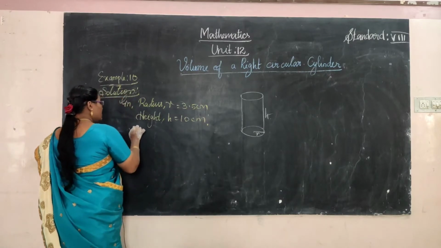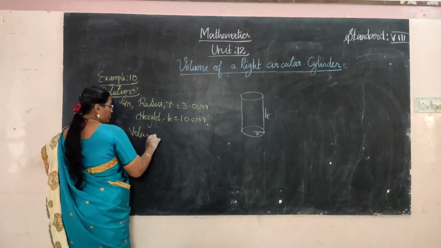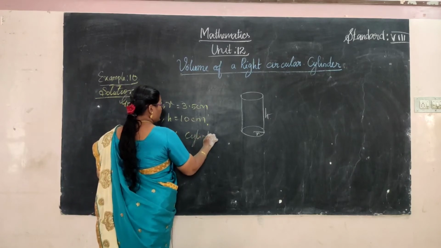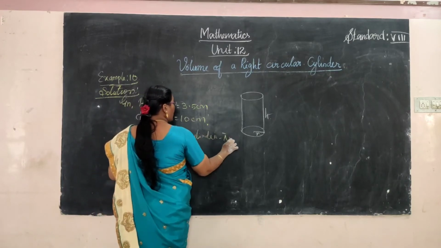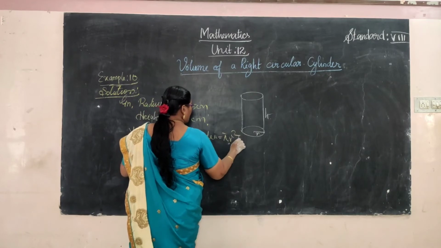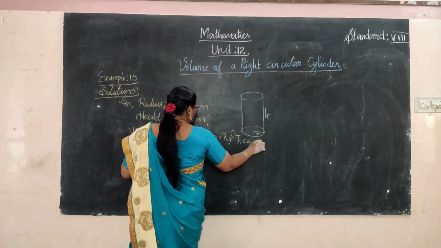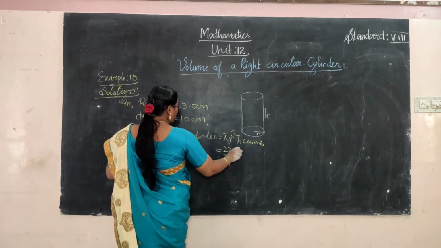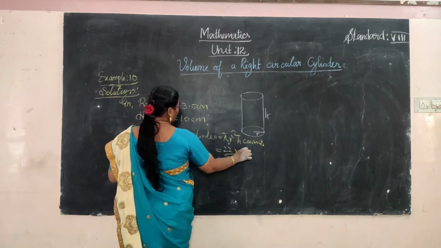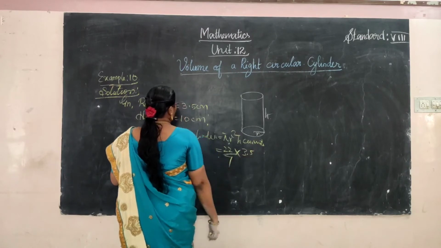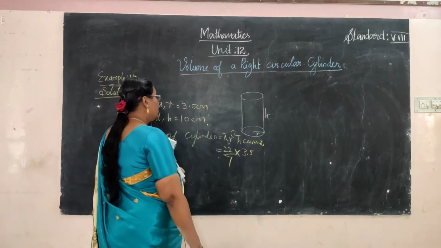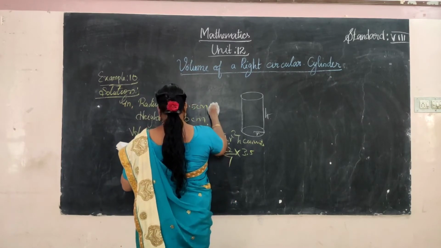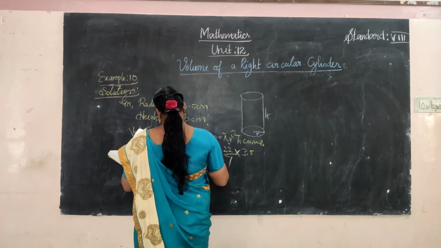So the volume of a cylinder is equal to pi r squared h cubic units. The pi value is 22/7 and the r value is 3.5, which can be written as 7/2 centimeter for easy cancellation.